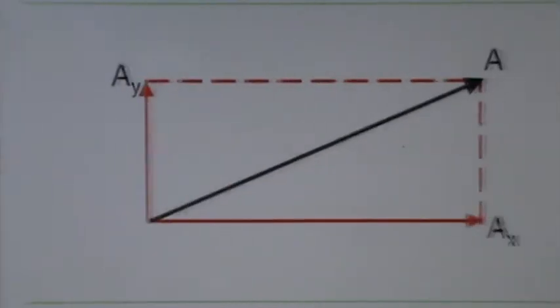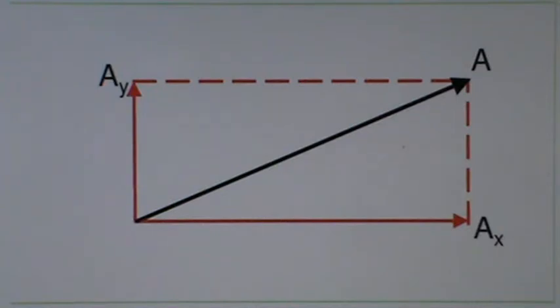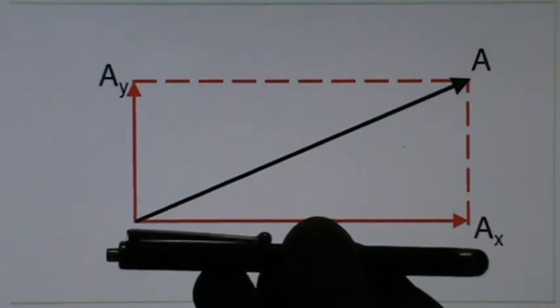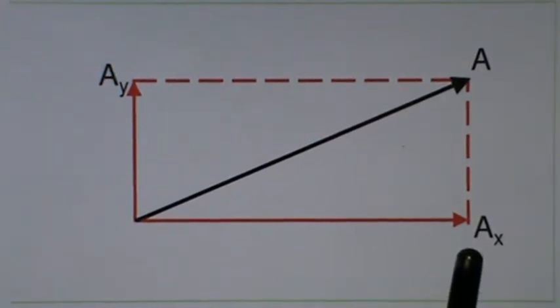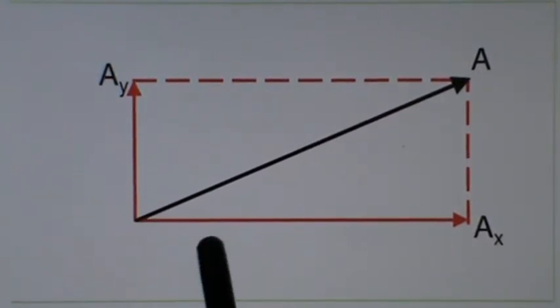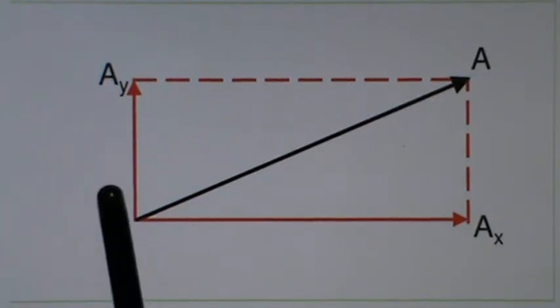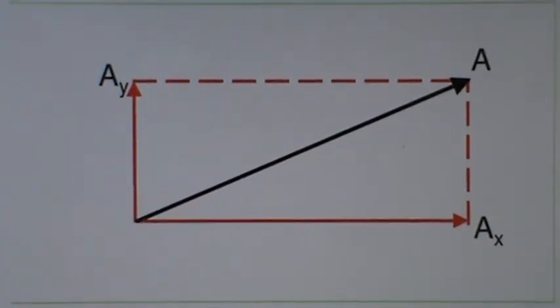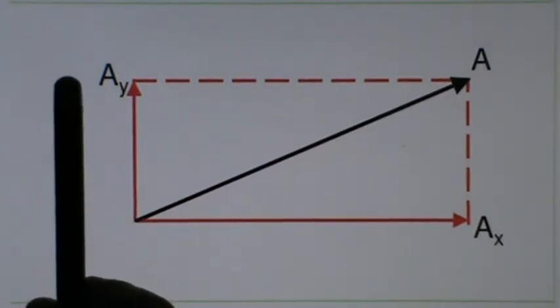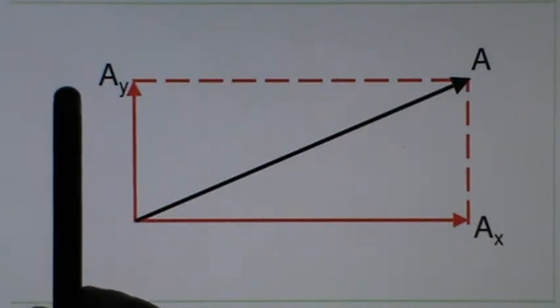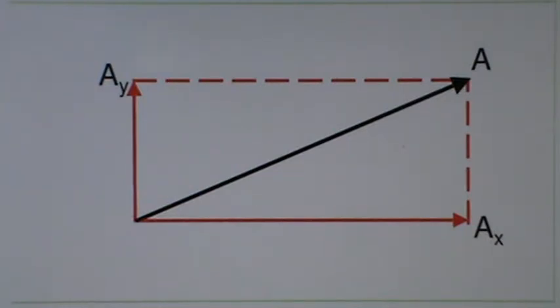But there are also some special components of vector. In the case here, we have vector ax and ay, and they are perpendicular to each other. So ax is parallel to the horizontal axis, and ay is parallel to the vertical axis.